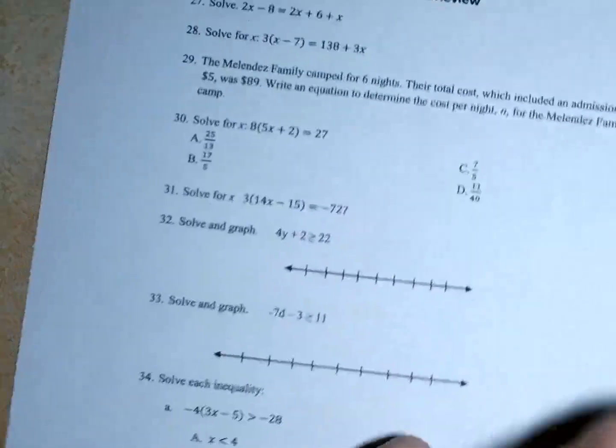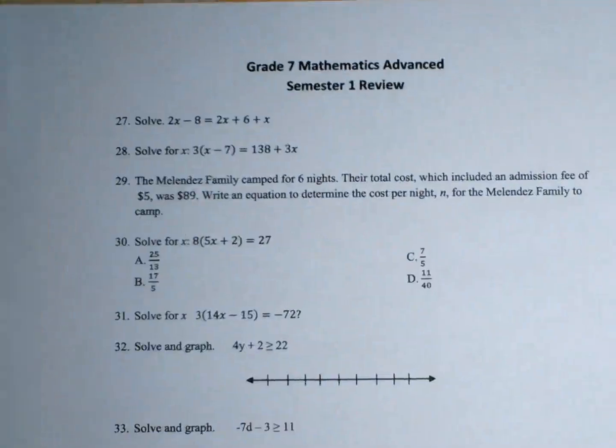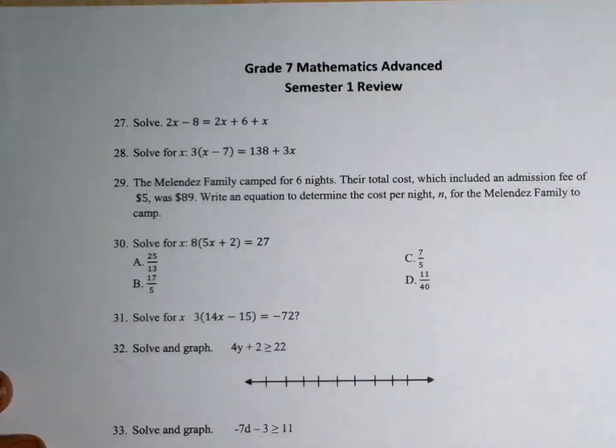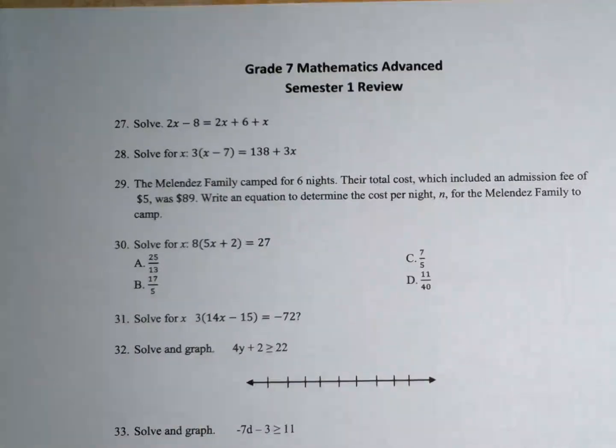So let's move on to number 27. Solve 2x minus 8 equals 2x plus 6 plus x.